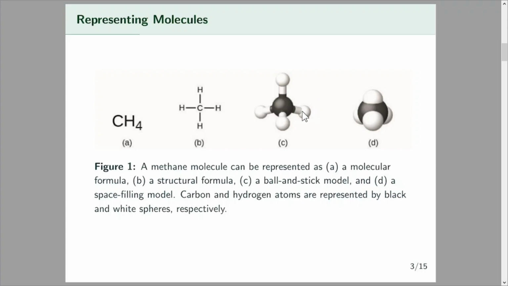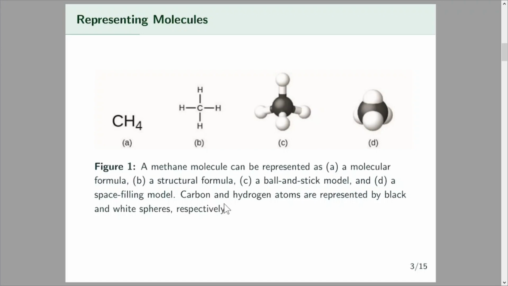And finally, the last one is a space-filling model, which gives you a better idea of how the electrons are living around this model, right? This just tells you the relative orientations. This gives you a better idea of what the cloud of electrons are doing as they're, well, maybe not living, as they're swirling around these nuclei.